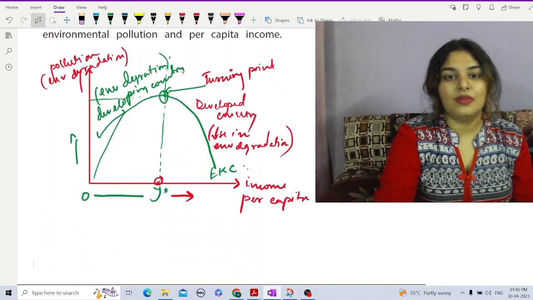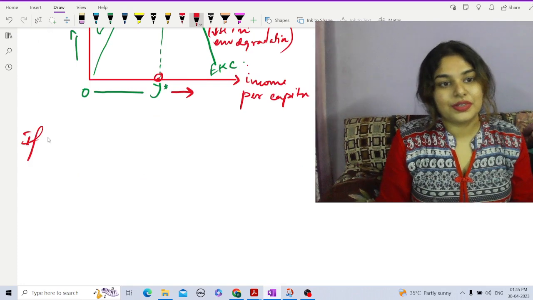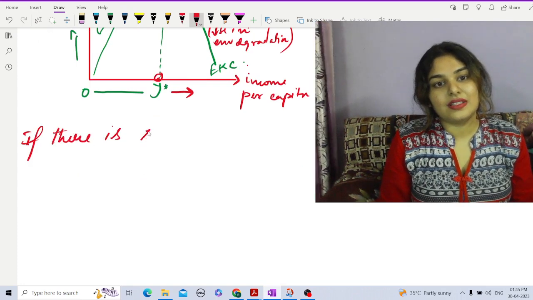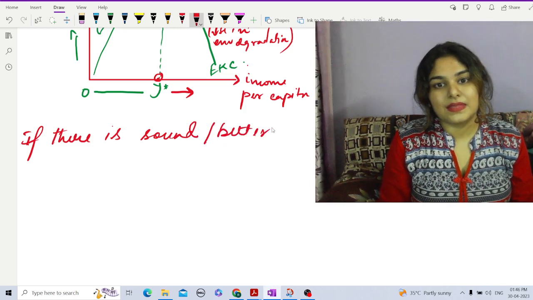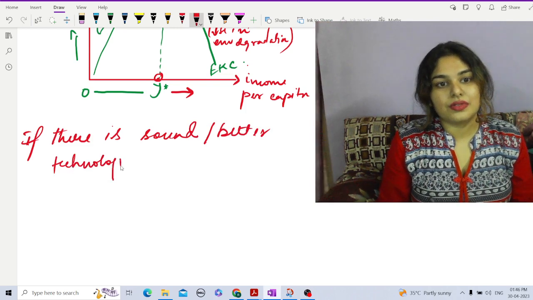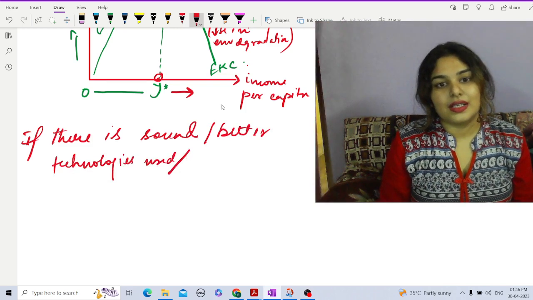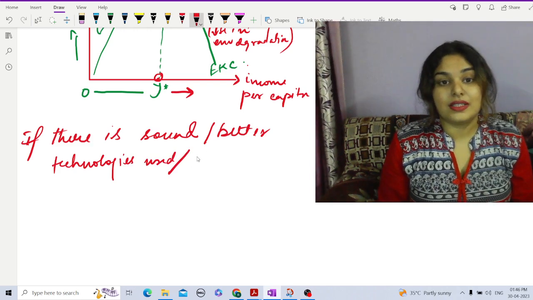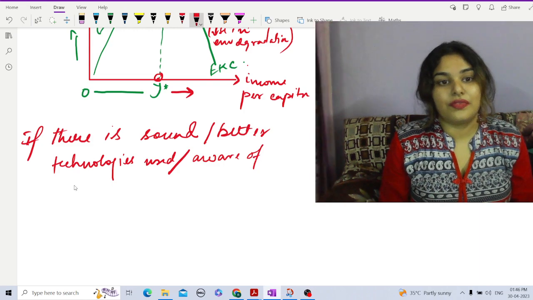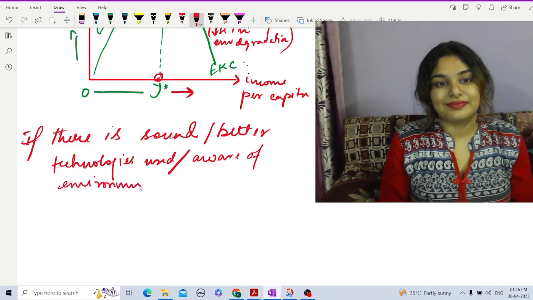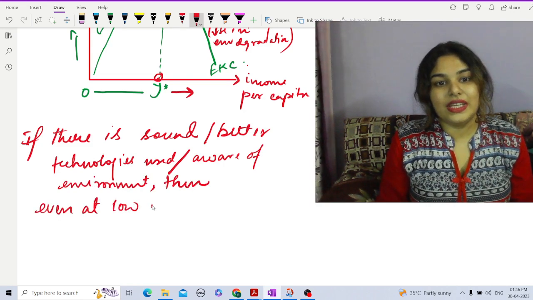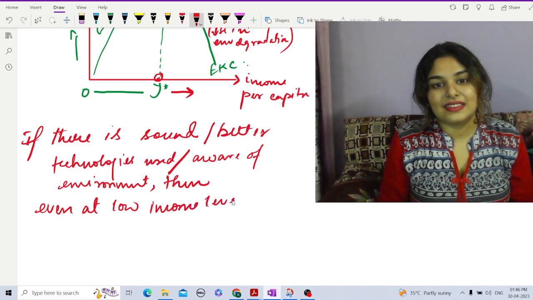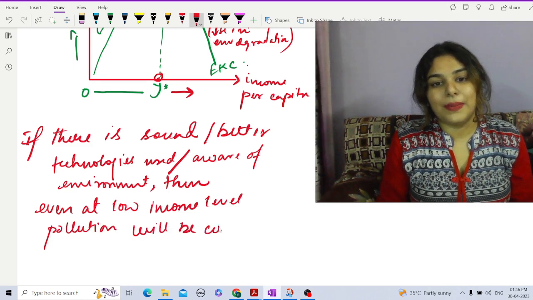So what will happen now? So if there is sound or better technologies used, or let's say they become aware of the environment, then even at a low income level, pollution will be comparatively less.